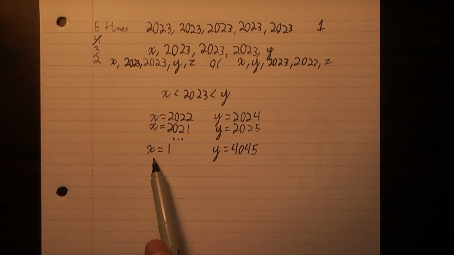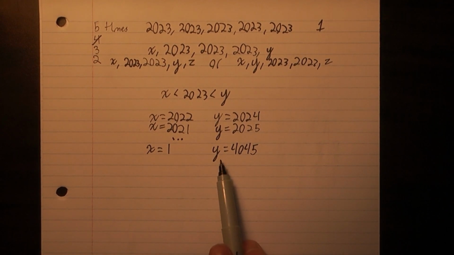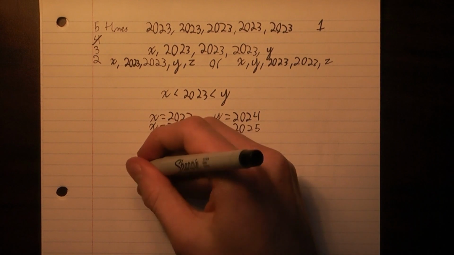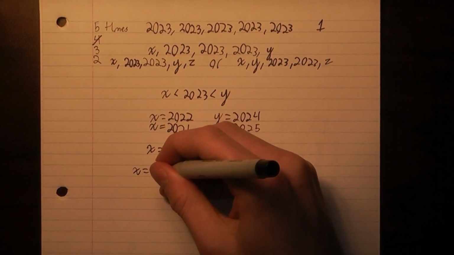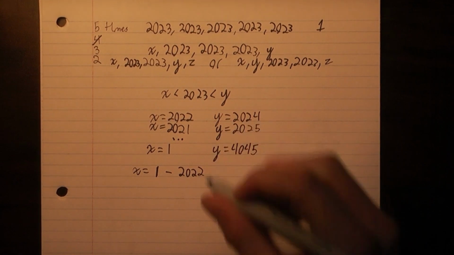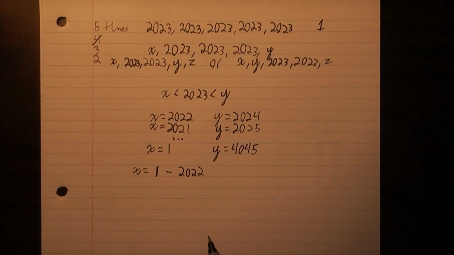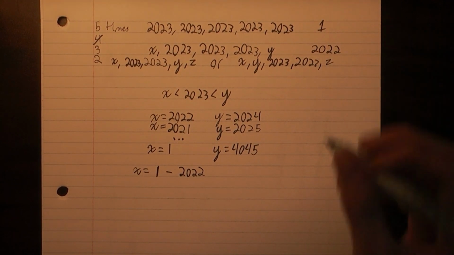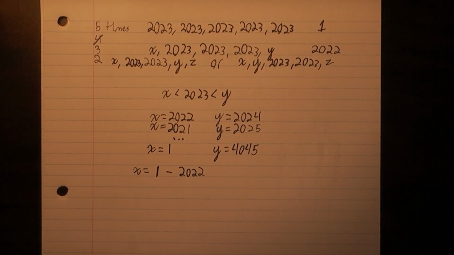For every value of x, there is one and only one value of y, so that it can add up to 4046, which makes an average of 2023. So x can range from anywhere between 1 and 2022, meaning that there's 2022 combinations with 2023 appearing 3 times.